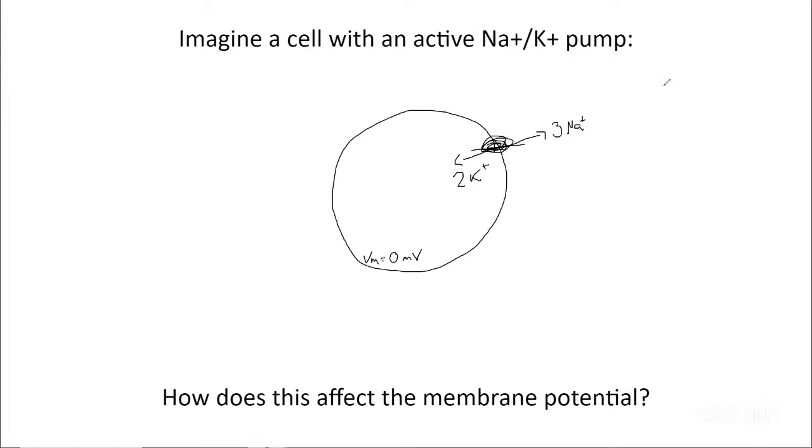For yourself, jot down what you think this is going to do to that membrane potential. Is this membrane potential changing? What direction is it changing every time we run that sodium potassium pump?